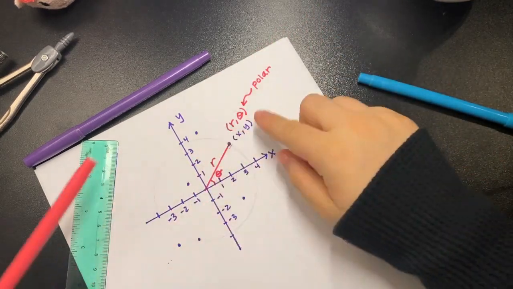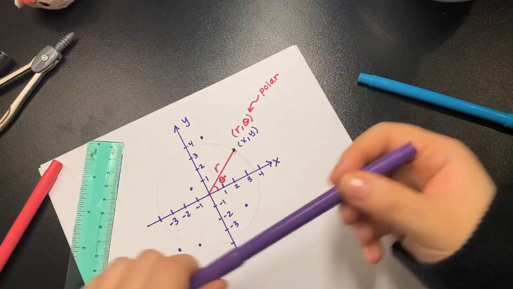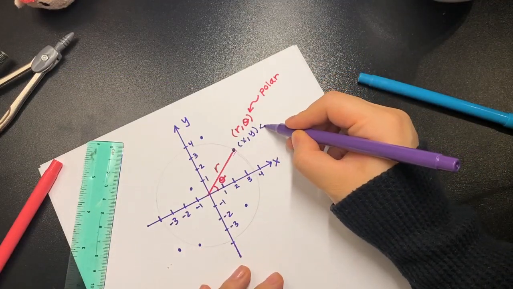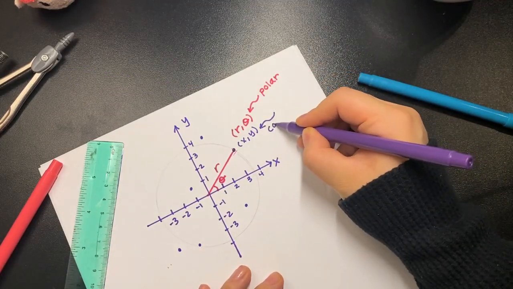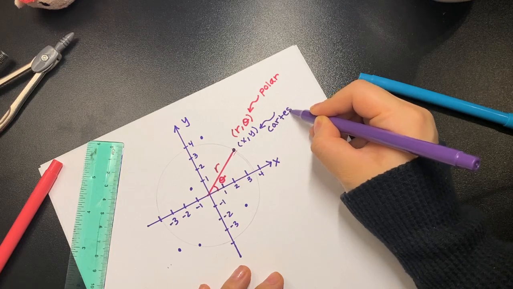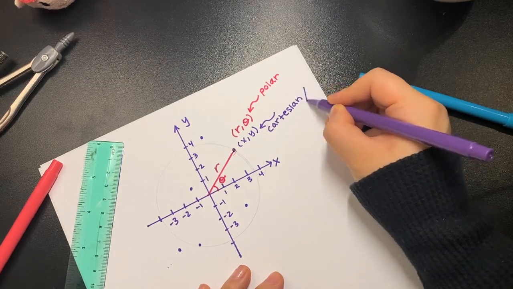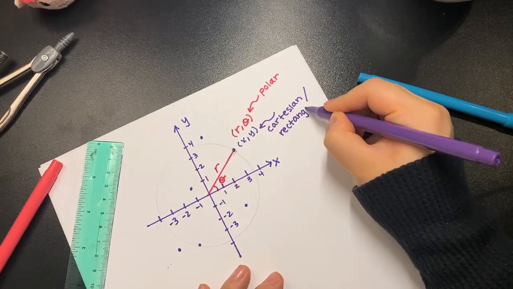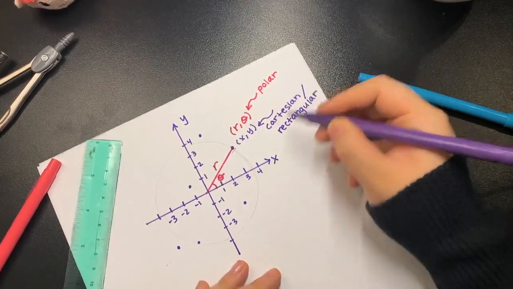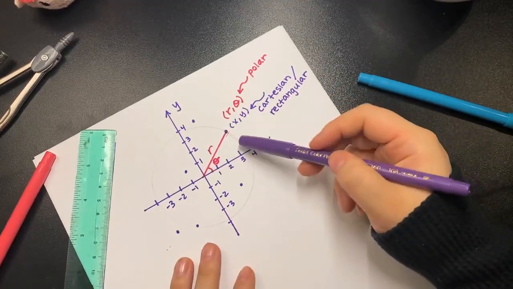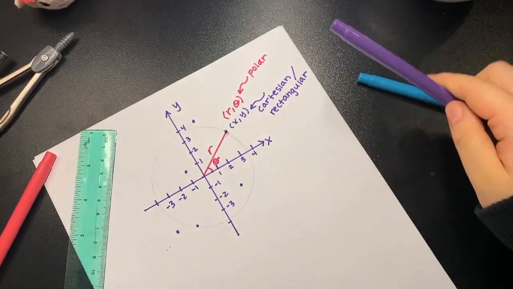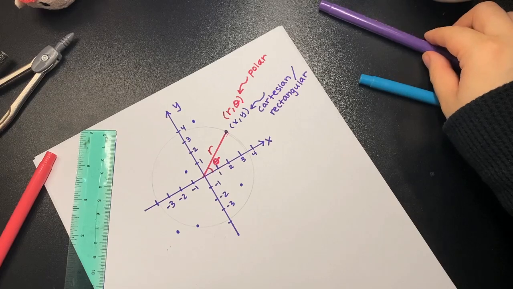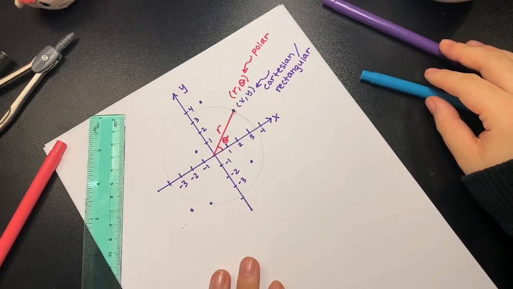This is our Cartesian or rectangular coordinates, and they are related to each other. So let's look at how they are related.